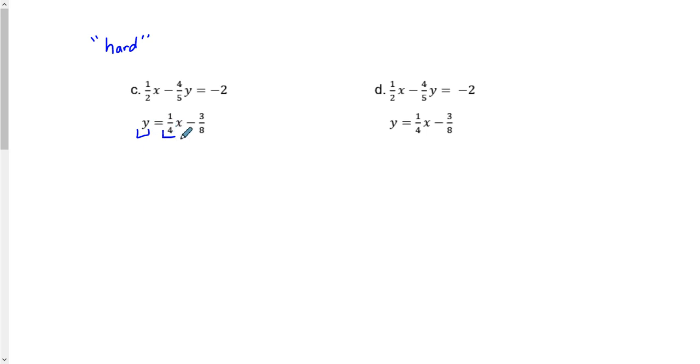So I'm going to take my equation at y equals and plug it in for y. So my 1/2 x subtracting 4/5 y equaling negative 2, I'm going to take it and plug it in for y. My 1/2 x subtracting 4/5. Well, wherever I see y equals 1/4 x subtract 3/8.